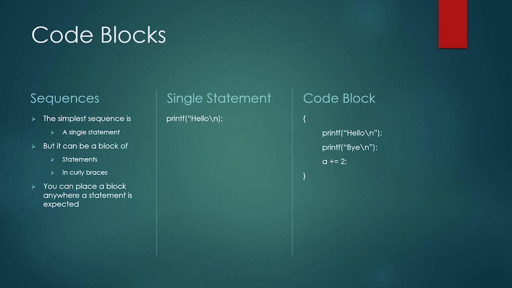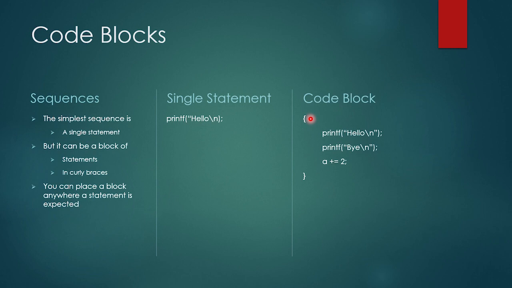Now let's take a look at code blocks. A sequence is the simplest way of arranging a program. It is a series of statements one after another. The very simplest sequence we can have is a single statement, but you can have multiple statements. Now, any place you can have a statement, you can replace it with a code block.